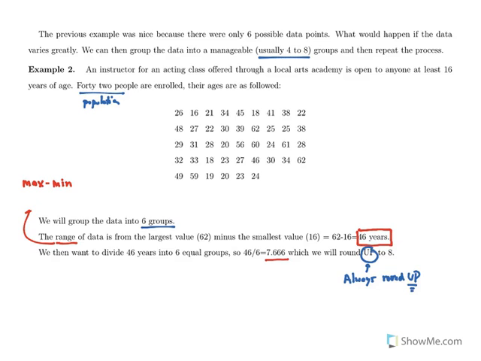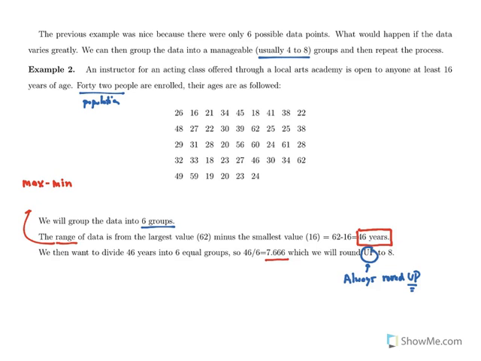For instance, if we rounded down to 7, and we had our 6 groups, we wouldn't include the 62. In fact, I think we would lose the 60 as well and some other data points. So we have 6 equal groups that are each going to consist of 8 years. And we got the 8 from taking the range, dividing it by 6, and then rounding up to a nice number.